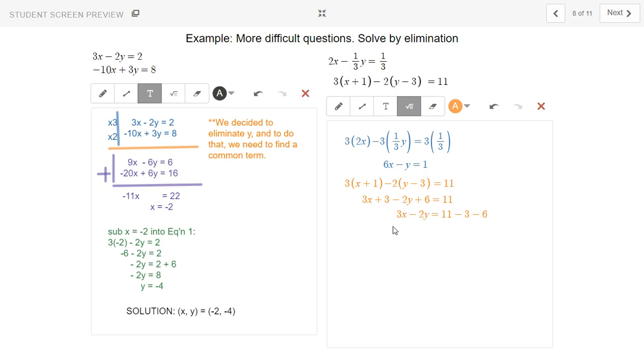And we have 3x minus 2y is equal to 2. We have our two equations now. This is equation 1, and this is my equation 2.